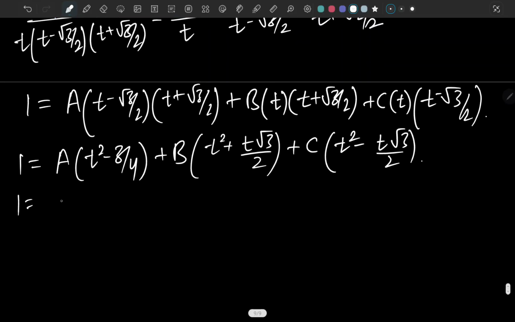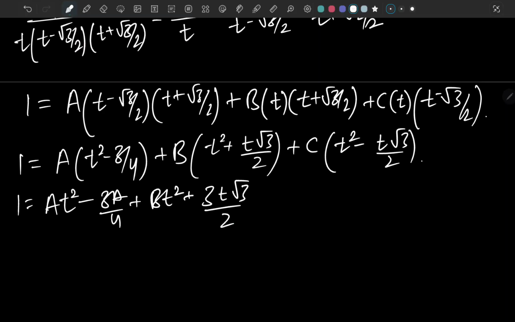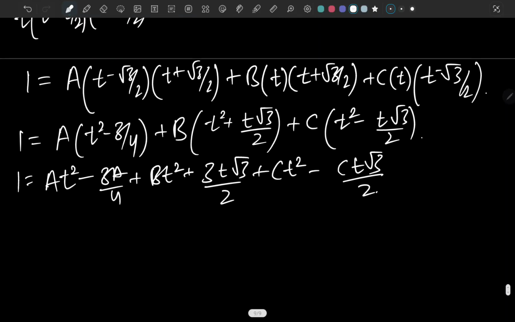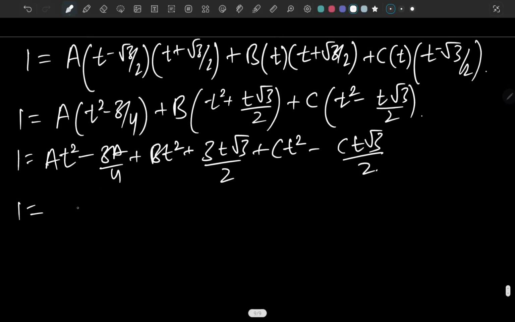Just opening up all these three things: a t squared minus 3a over 4 plus b t squared plus b t square root of 3 over 2 plus c t squared minus c t square root of 3 over 2. And now we can write a plus b plus c with the common factor t squared, and all the constant terms written like that.